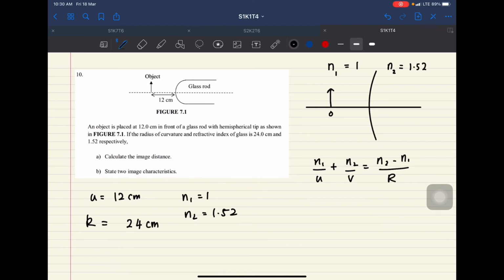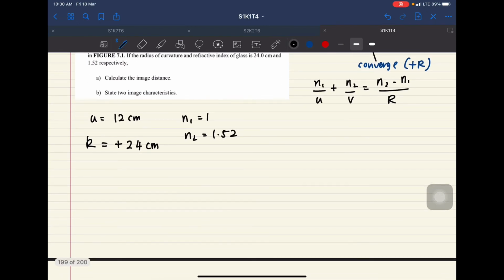Okay, but now you have to determine whether this one is positive R or negative R. So again, you draw a ray from the object itself towards the surface. Okay, so if you view the surface from here, then you can see that this one is like a convex lens. Lights will be focused or converge. Therefore, R is positive. So I substitute back inside the equation.